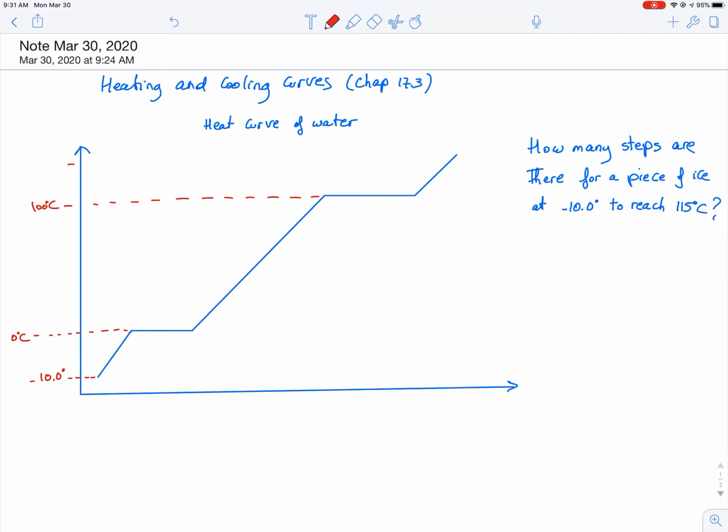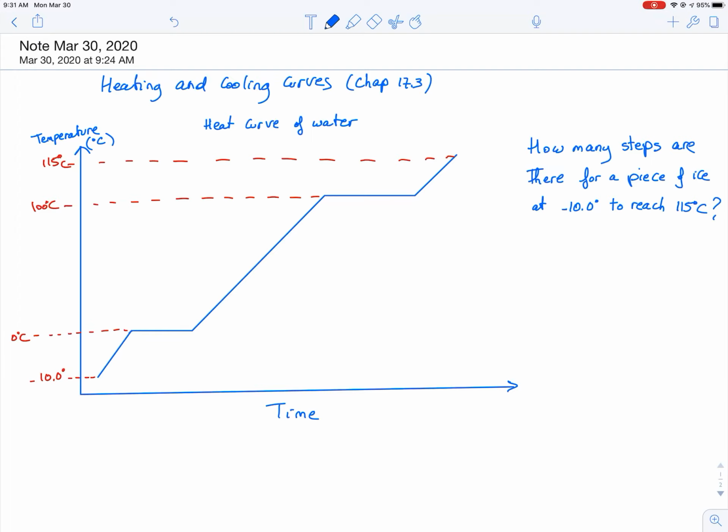Might not be to scale, but that's okay. And that's 115 degrees Celsius. Obviously, that means that this is the temperature over here, and the unit is degrees Celsius. And basically, this is time. So what happens over time? And we're not even putting a scale to it. It's not important.